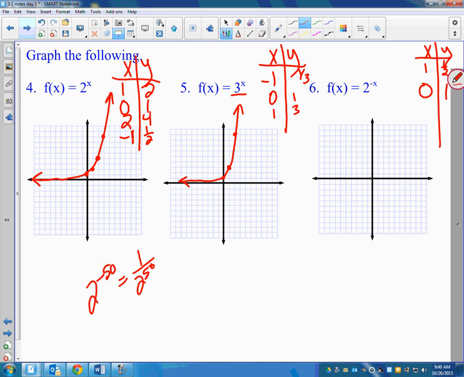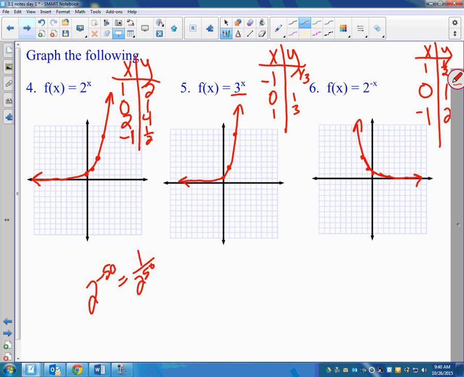So now this side is going to get closer and closer to 0. And what happens when I pick negative numbers? 2 to the negative of negative 1 would be 2 to the 1, which is 2. Which means I think we're taking this graph here and we're just flipping it over the y-axis, right? So now this side is going up, where this side is going down.